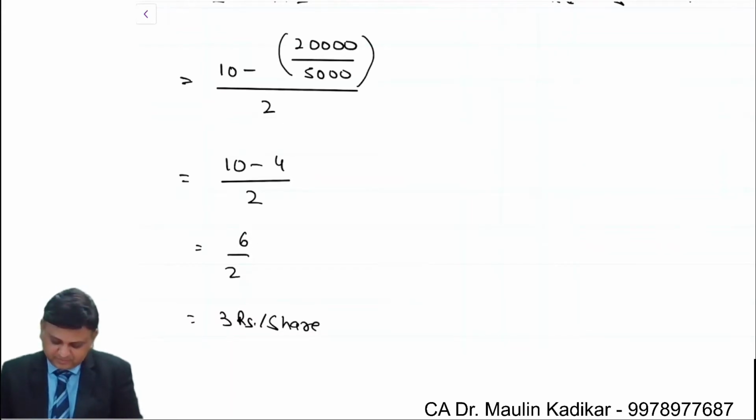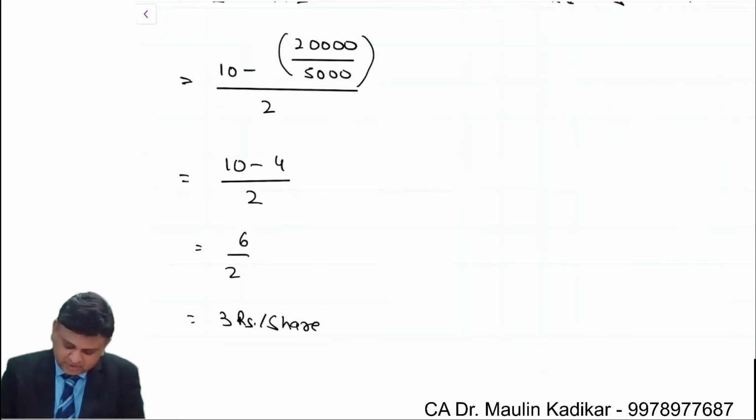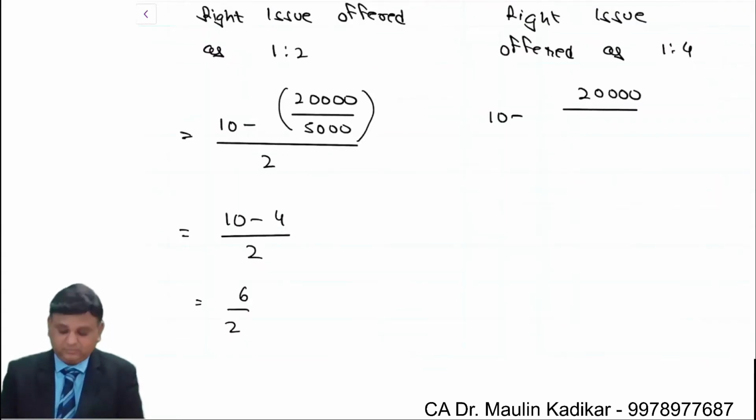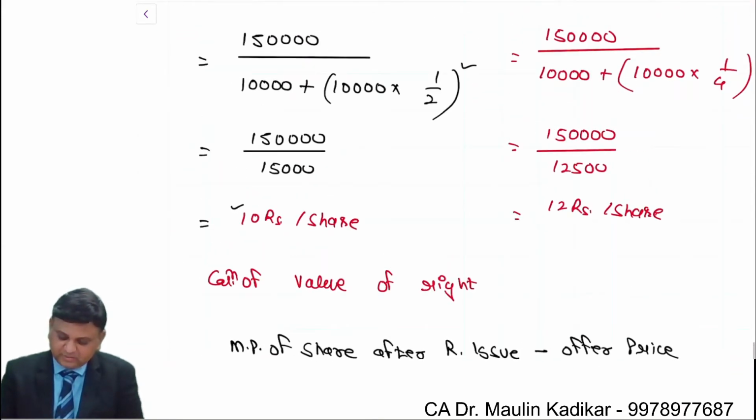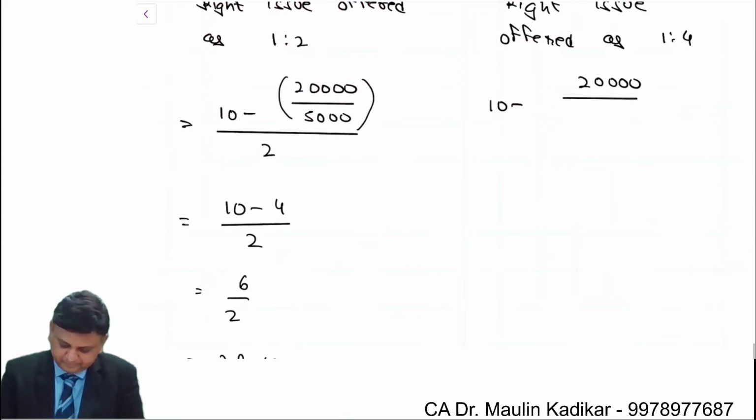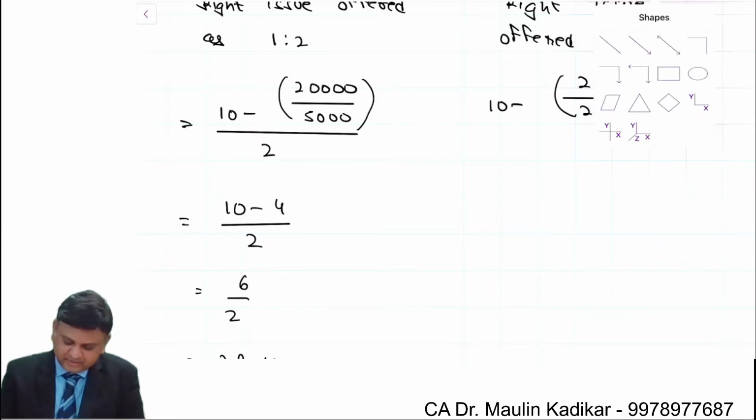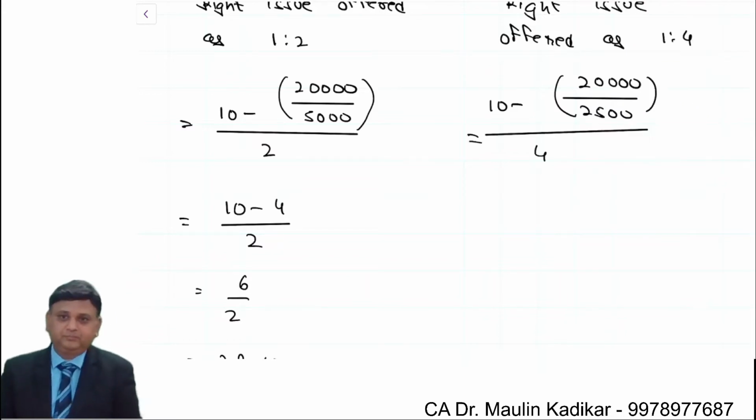Next, in case of 1 for every 4 shares, it will be 10 minus 20,000 divided by the number of shares, 2,500, that would be issued, divided by number of shares based on which the right is offered, which is 4. So 20,000 divided by 2,500.